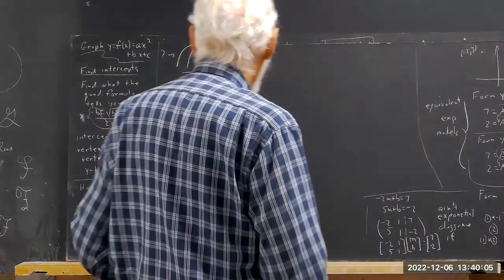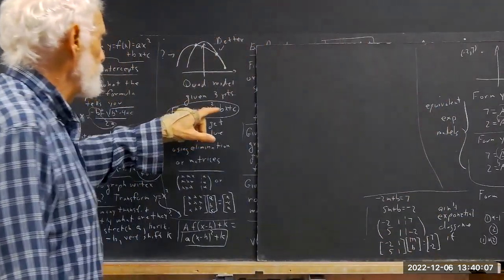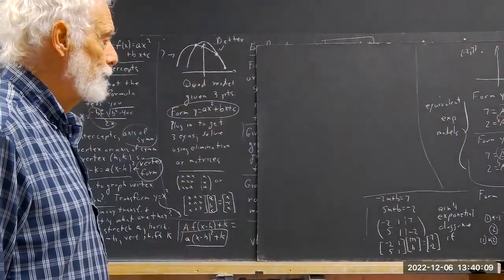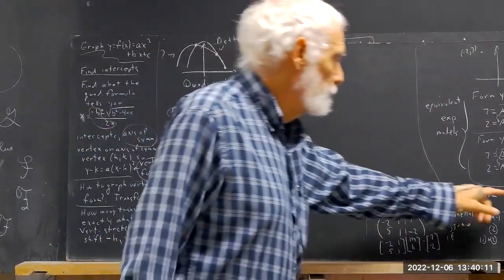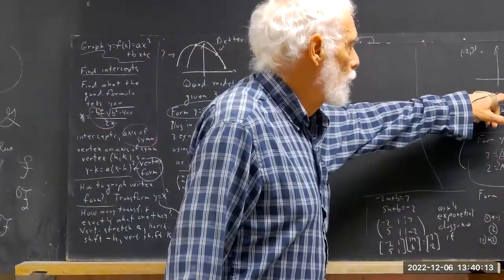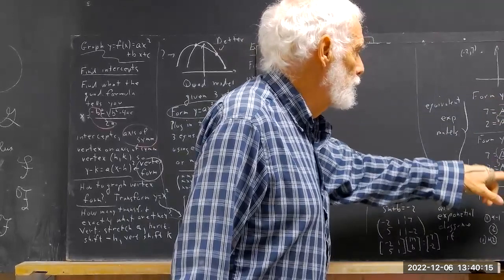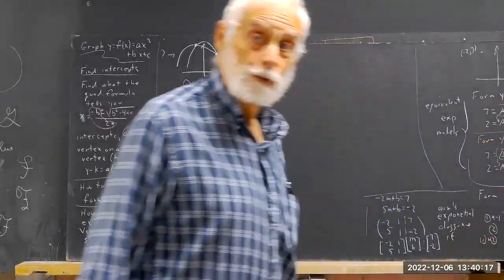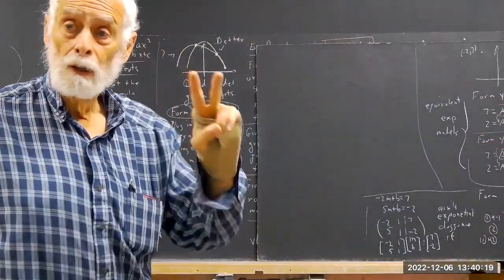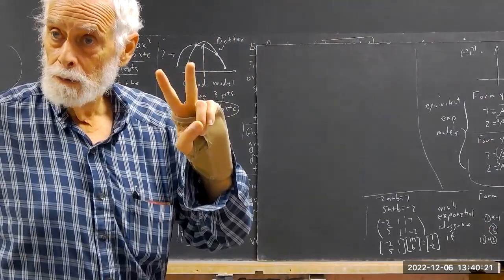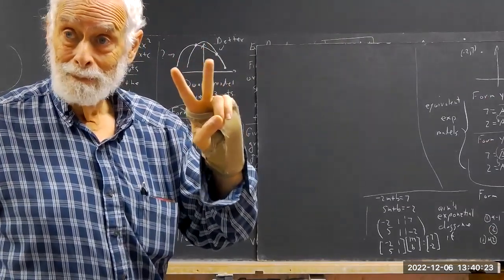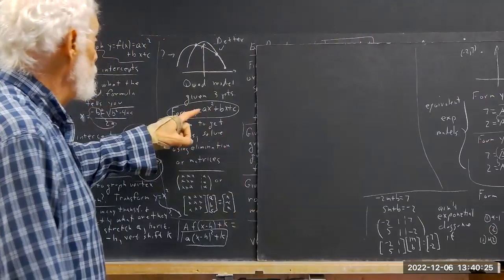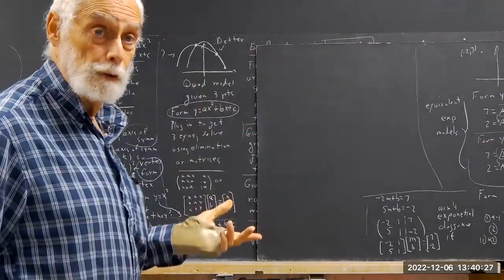A quadratic model is y equals ax squared plus bx plus c. Just like you got an m and a b here, or a and a b for this form, or an a and a k for this form, you only had 2 parameters that you needed to solve for. Here, you've got 3. So we're going to need 3 equations.